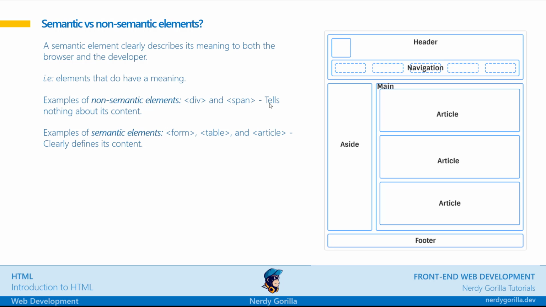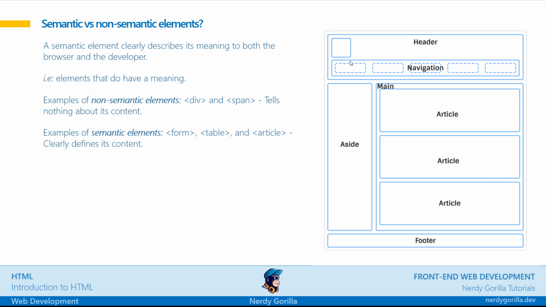They tell the browser nothing about their content. Examples of semantic elements are form, table, and article. All of these clearly define their content. And this is to show the semantic view of the structure of elements.